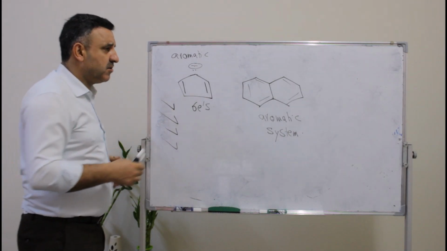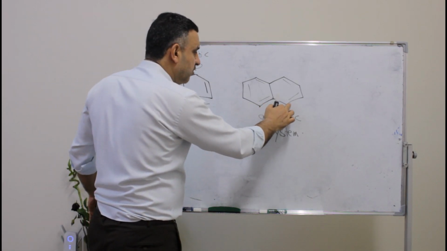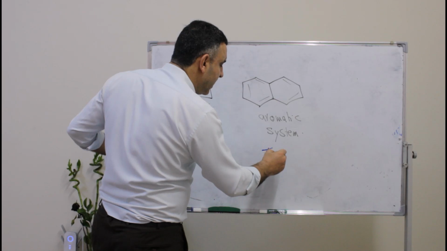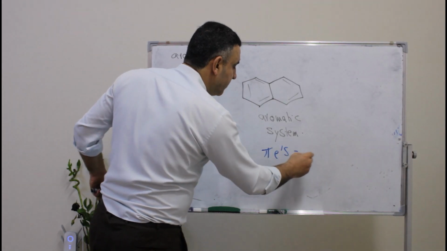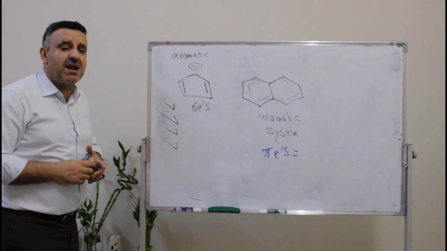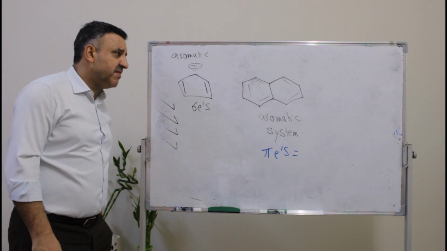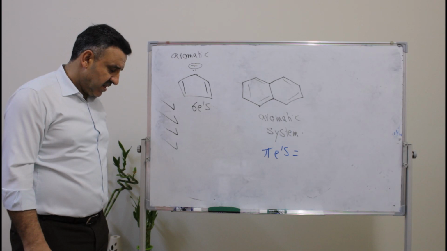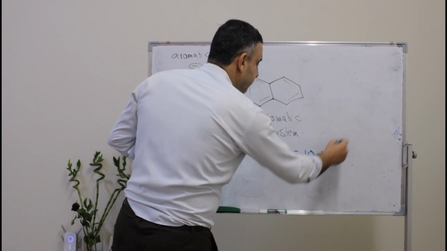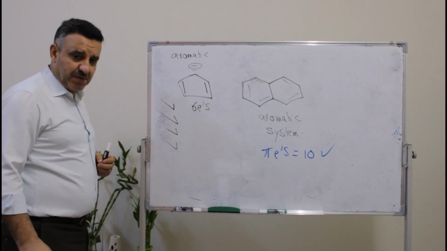Because again, the conditions are all fulfilled. How many pi electrons do we have in this system in total? 10. And that 10 is simply part of the aromatic system. Do you follow me?